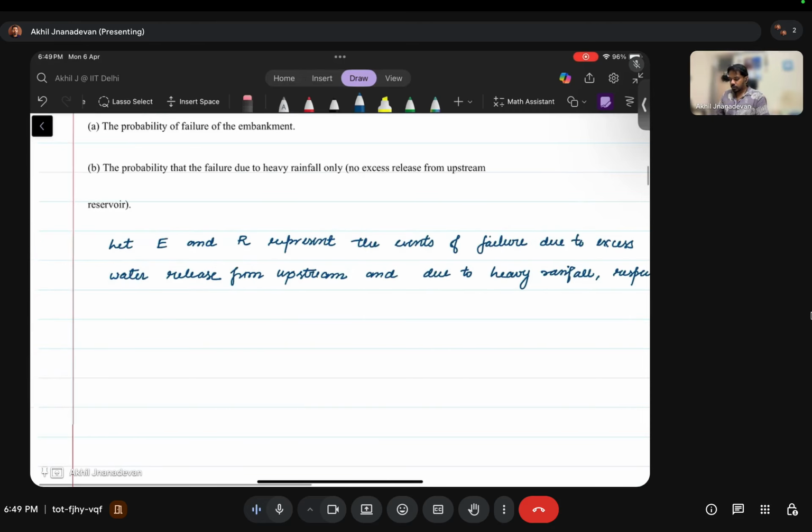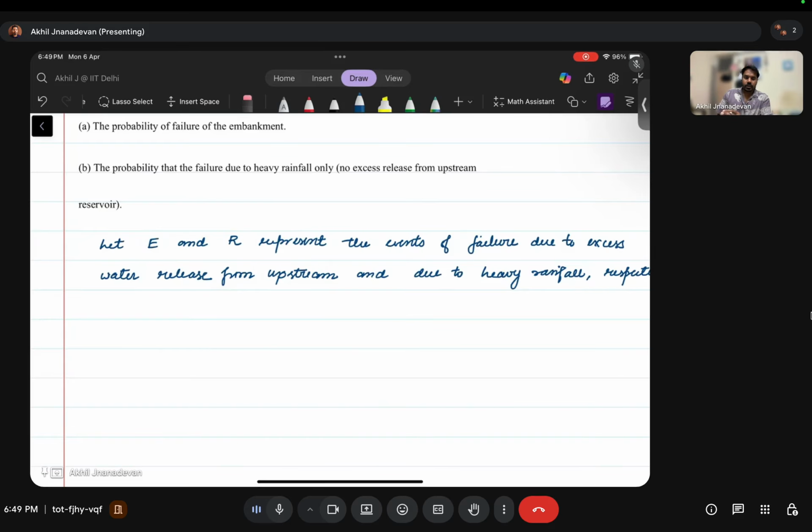Okay, so it is clear: two events, E and R. E is due to excess upstream inflow and R is due to excess rainfall, right?